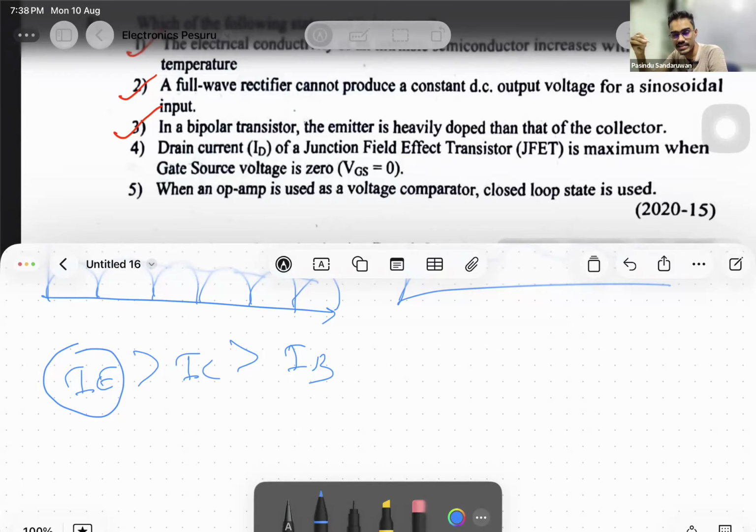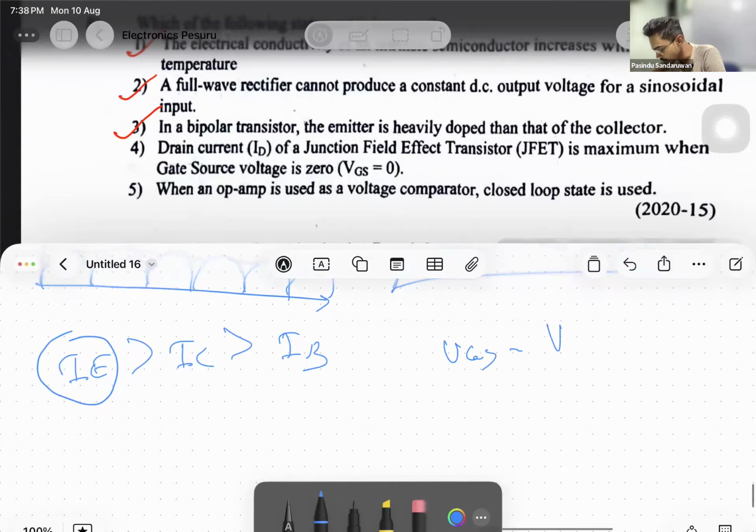If that negativity is less, then current increases. So the drain current is maximum when gate source voltage is 0. It is correct.